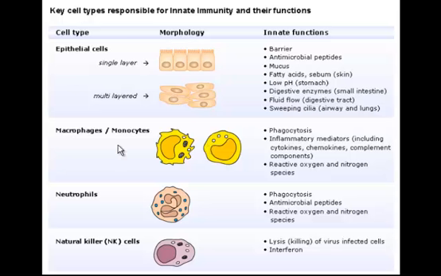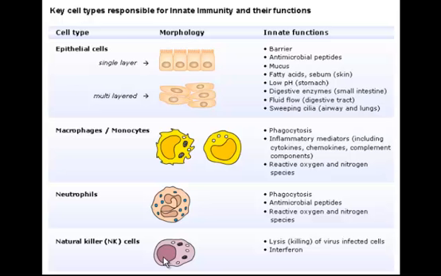So you're going to have a population that includes macrophages or monocytes. You're going to also have neutrophils present, and you're also going to have natural killer cells. So all of these guys are involved in the phagocytosis of small organisms like viruses, like bacteria, like protozoal parasites, and even viruses as well.